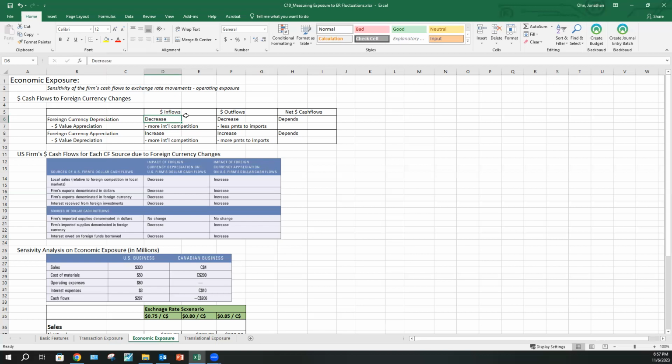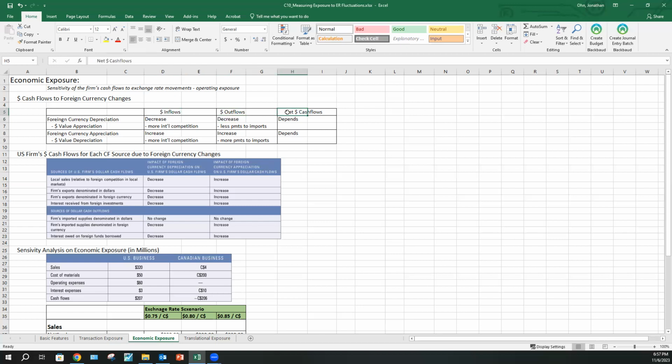Now the dollar outflow is the payment for our import. Because the dollar value appreciates and the foreign currency depreciates, our payment decreases. Less payment for import decreases our cash outflows. So we get a decrease in inflows and a decrease in outflows.